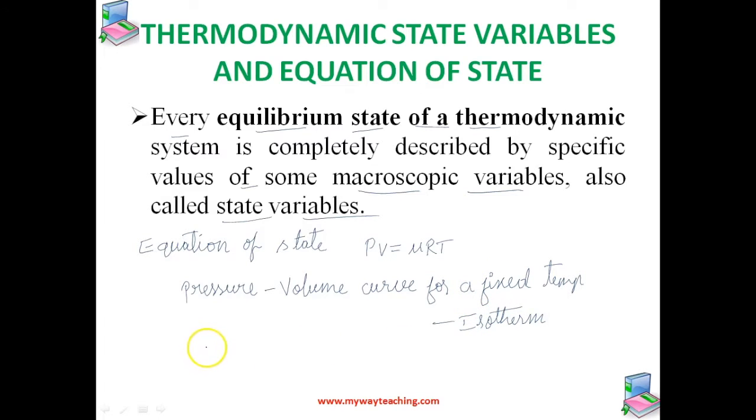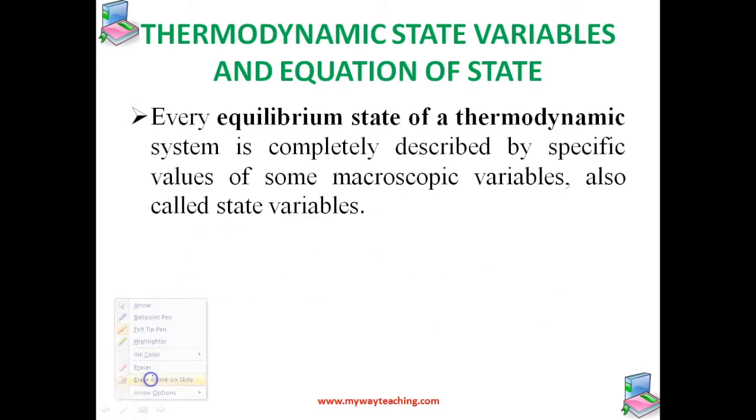And the thermodynamic state variables are of two kinds. In these thermodynamic state variables, we have two types: one is extensive and the other one is intensive. Extensive variables indicate the size of the system, whereas intensive variables such as pressure and temperature do not.